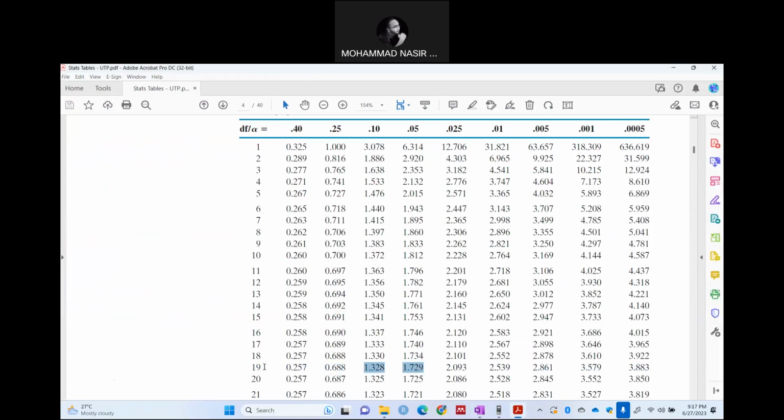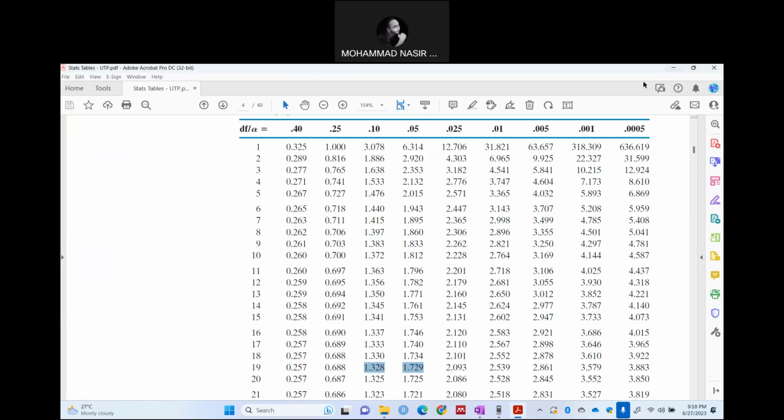So degree of freedom 19, and we try to find the value of 1.34. We cannot find 1.34 in this table for degree of freedom 19, but the value of 1.34 is between 1.32 and 1.72, right? With alpha 0.05 and 0.10, right?